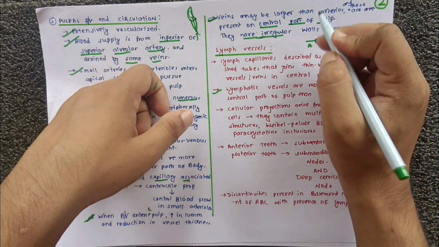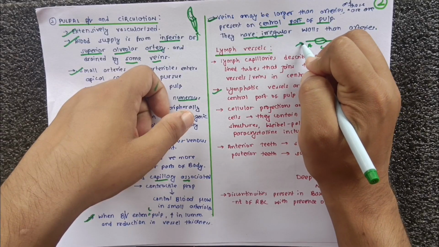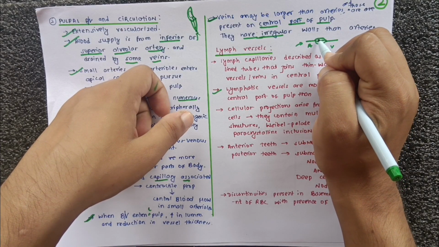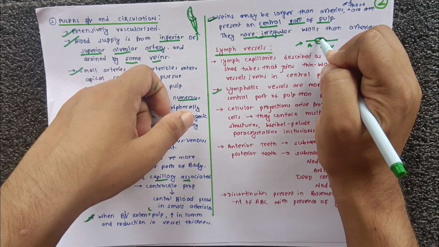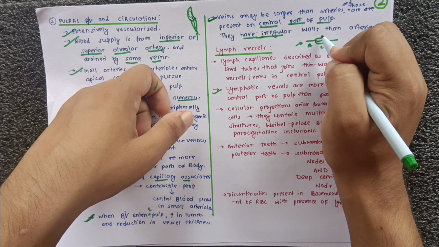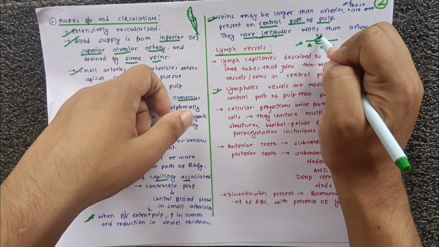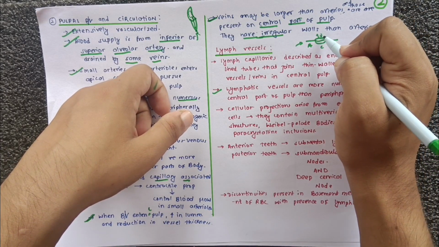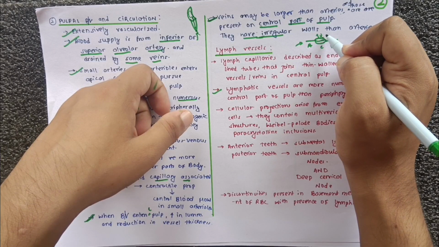Just listen to me. The blood comes from the arteries and goes into the capillaries, and in the capillaries there is an exchange of gases. During this exchange, nutrition is also delivered there.